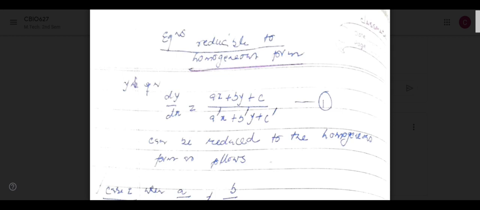Then if the equation is in the form of homogeneous, we can solve it by substituting y equal to vx. Then we have learned about the linear differential equation of first order. What is the standard form of a linear equation of the first order?